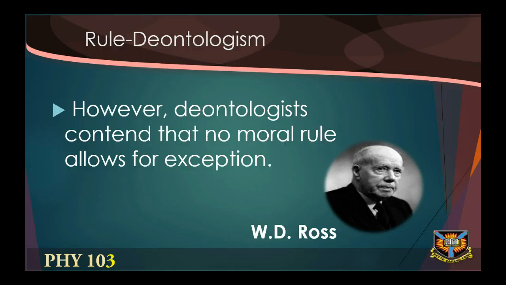Going by Ross' distinction, one of these rules would represent prima facie duty and the other actual duty. A means of identifying which of the conflicting rules represents the actual duty is to rank them and identify which one is more important or priority. However, as deontologists, such ranking must not involve any consideration of utility.